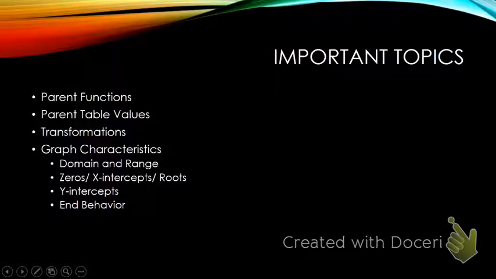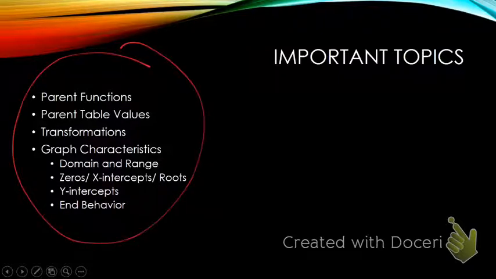These right here are the important topics, all right? The first part is understanding what a parent function is. The second part is understanding where they get the parent table values from.